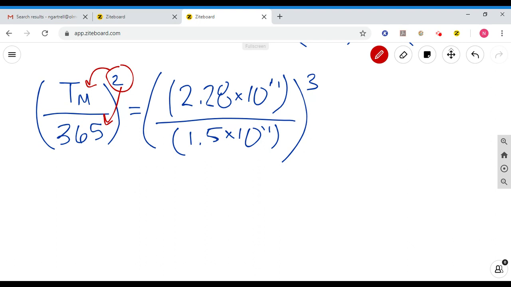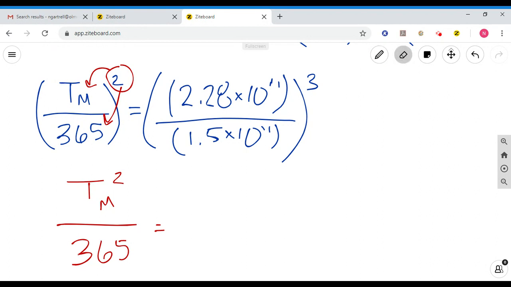And once I distribute the square, I can get rid of the parentheses. So I have T sub m squared. So I just distribute it to the top and the bottom. And now that I have, oops, I'm sorry, that's not cubed. If anyone caught that, that's squared. And now that I have distributed that square, now I can move the 365 squared around.